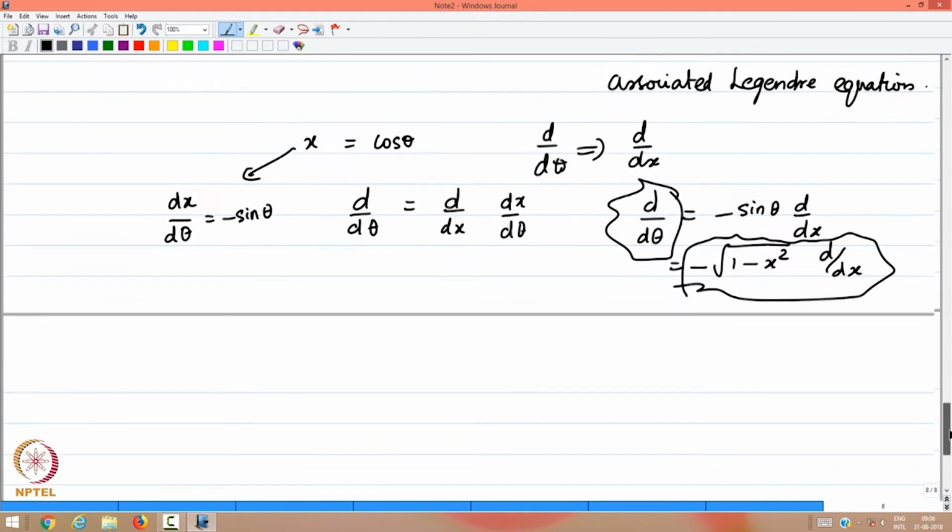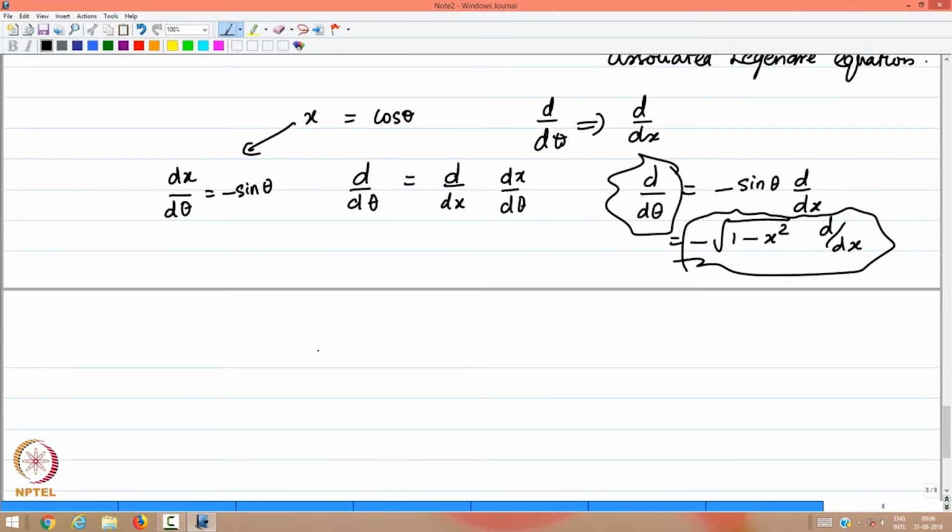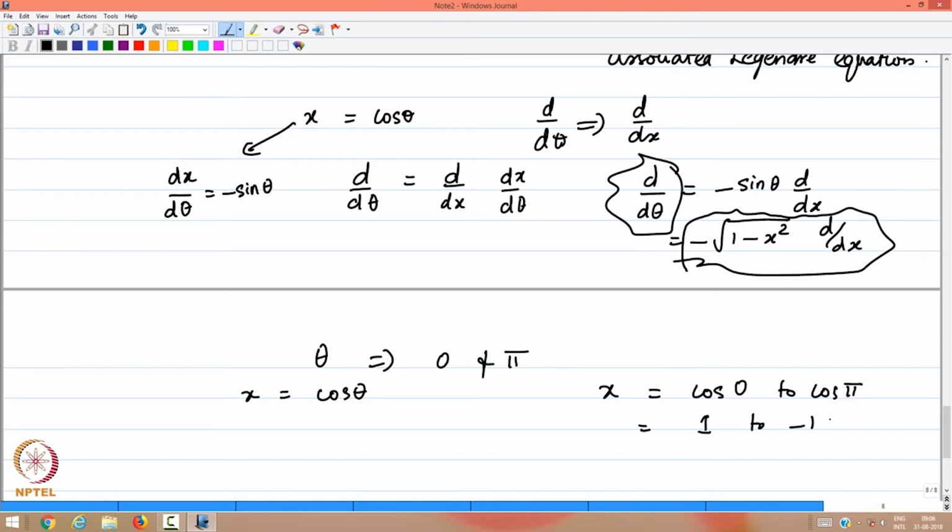And one last thing you have to look at is, please remember, theta has all possible values between 0 and pi, and therefore, if you change x to cos theta, then x has a value from cos 0 to cos pi, and therefore, x has a value from 1 to minus 1.